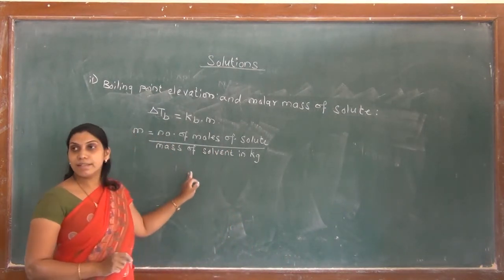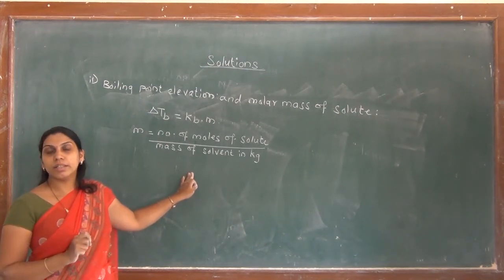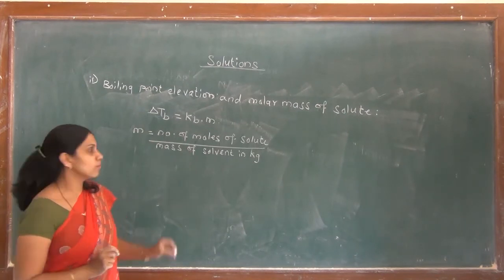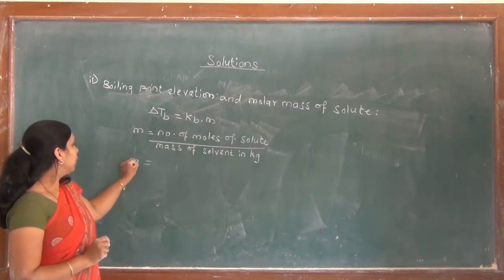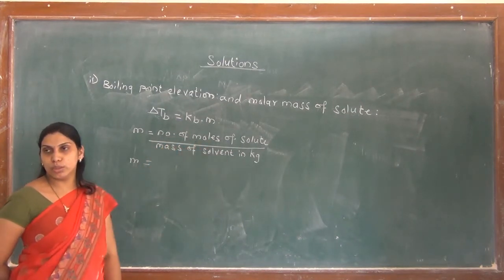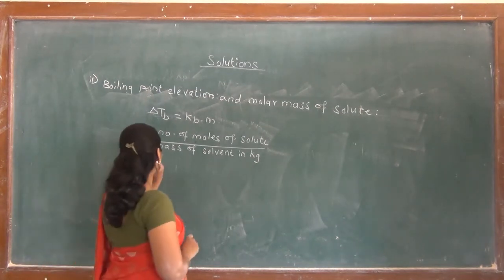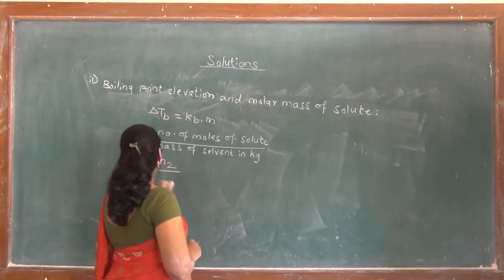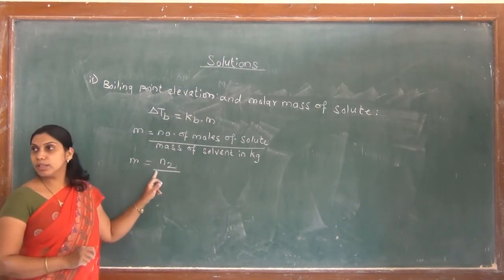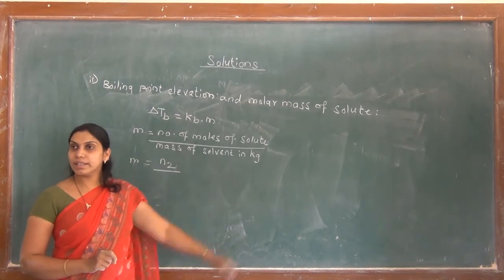Now we will write this formula of molarity in the terms used for given values. m is equal to number of moles of solute. Number of moles of solute is denoted by n2. So m is equal to n2 divided by mass of solvent in kg.